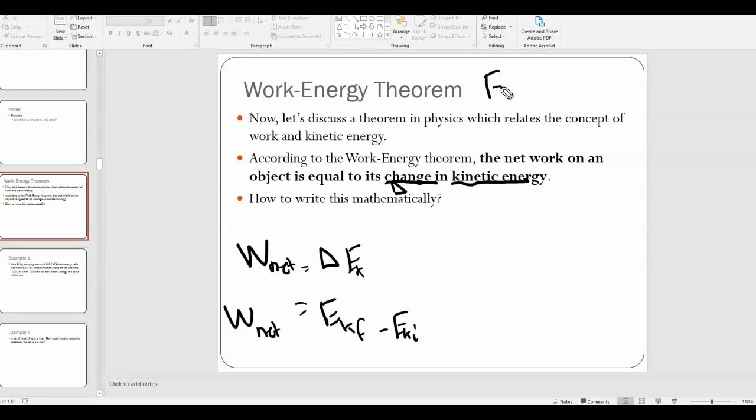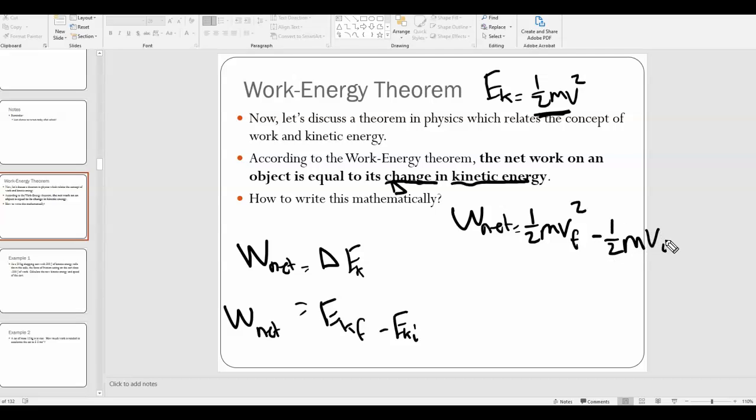I know kinetic energy is 1/2 mv squared, and so if I had to, I could use that fact to expand the work energy theorem one step further. Instead of writing EK final, I could write 1/2 m v final squared. So instead of EKF, I'm plugging in the equation for kinetic energy in its place, minus 1/2 m v initial squared.